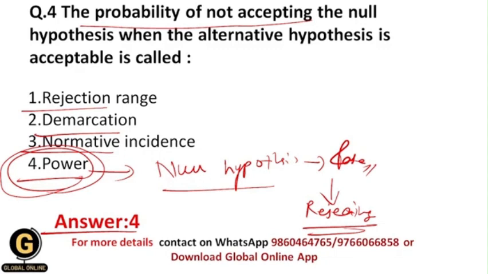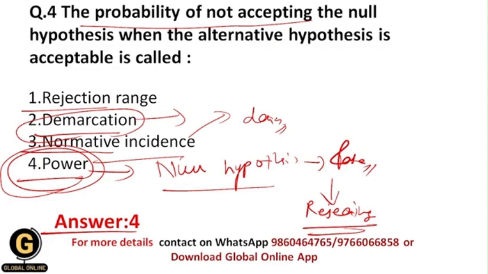All of you getting it? Now students, what is demarcation? Demarcation is the marking of limits or boundaries. Then what is normative incidence? Normative incidence is taken from normative data, which is data from a reference population that establishes a baseline distribution for score or measurement, against which a score or measurement can be compared.